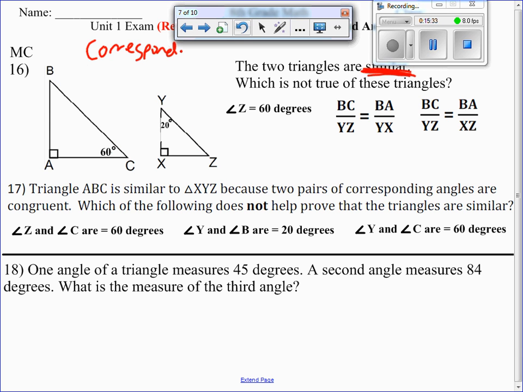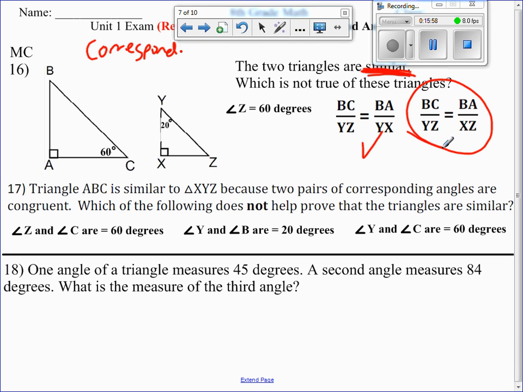Equals BA over YX. BA is the vertical side, YX is the vertical side, so that's good. So this proportion is true. BC over YZ, again, that's diagonal, diagonal, so that's good. BA over XZ, so that's the vertical side and the horizontal side. Those sides don't match up. Those are not corresponding sides. So this is not true.